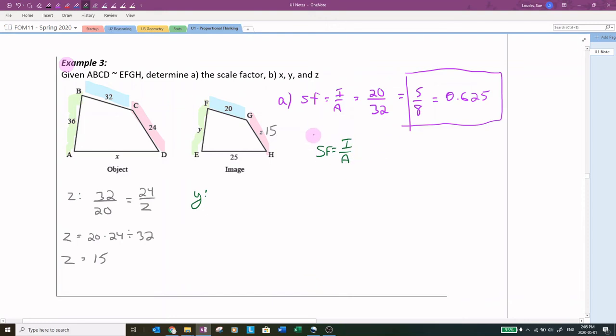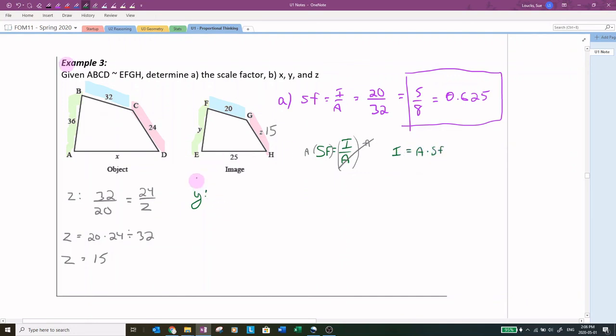So this is just an algebraic expression, and if I multiply both sides by actual, then my actuals cancel out here, and I get that image equals actual times scale factor.